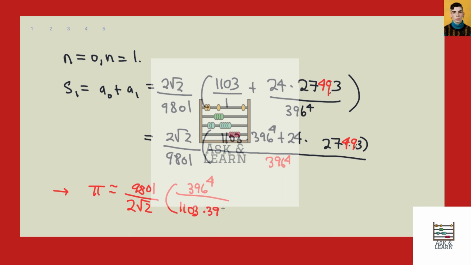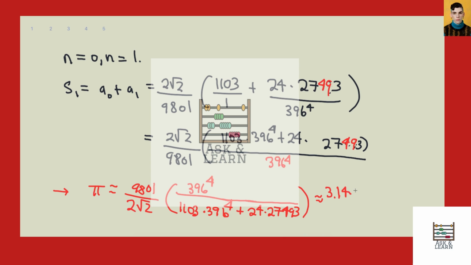Now we would just go to the calculator, round this off, and see how many decimals of pi it gets you. So in this case, this one's going to give us much more. This time we're going to have 15 places.